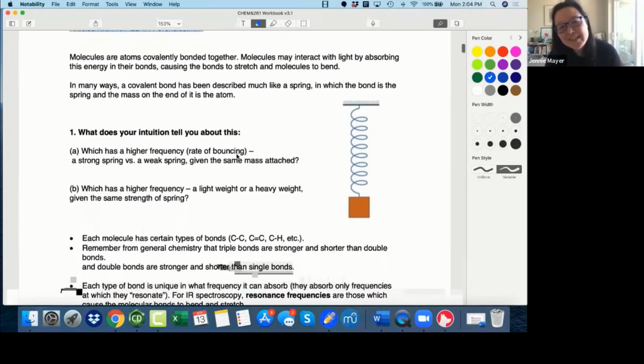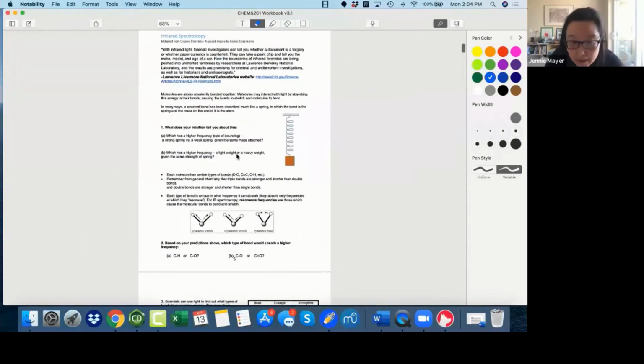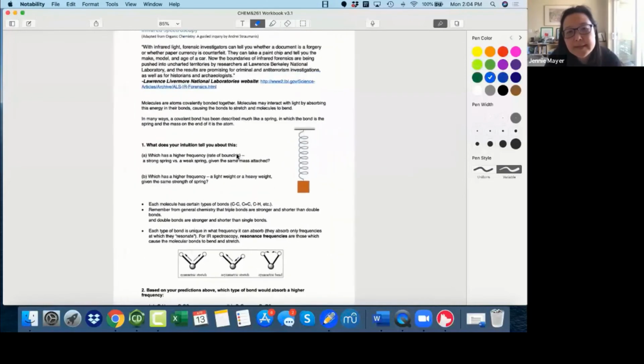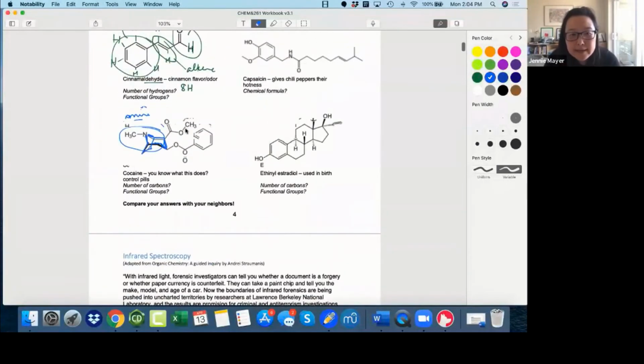So to understand better why that happens, we're going to look at this activity on page 5. The idea is that you have molecules with bonds, and the frequency of light that they absorb depends on a lot of things about that bond.